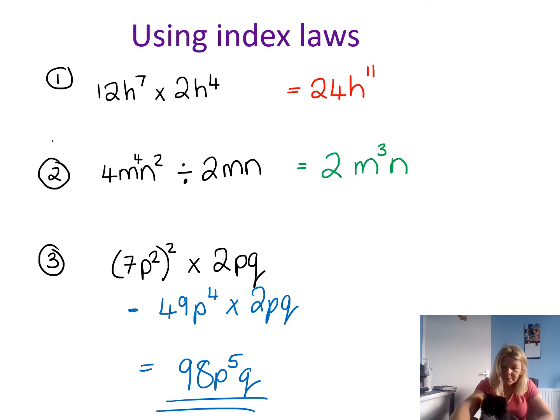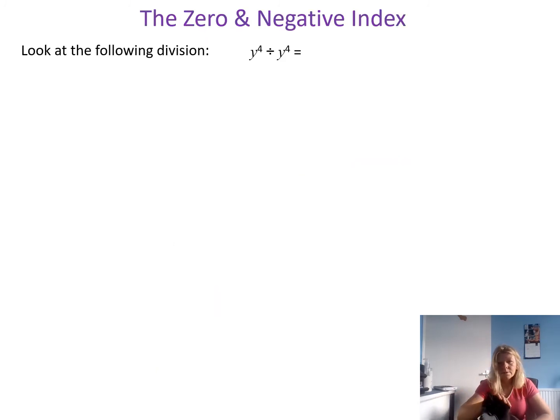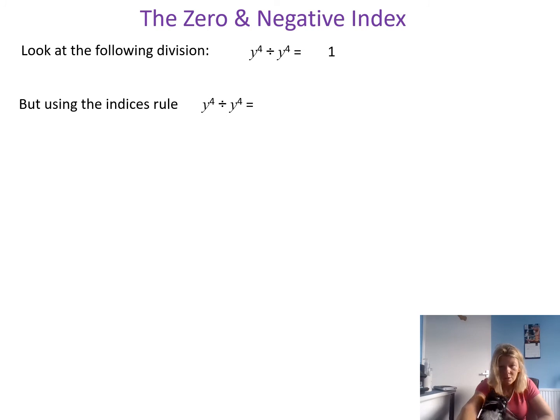Right, next. 0 and negative index. Look at the following division. y to the 4 divided by y to the 4. Well, you should know that that's in fact 1, isn't it? Common sense. But using the indices rule, y to the 4 divided by y to the 4, what would we do?